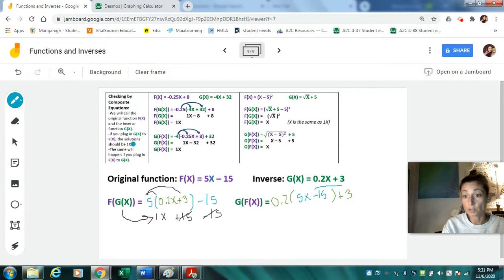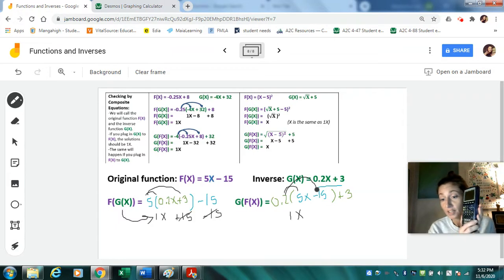I'm going to distribute that 0.2 through the parentheses. 0.2 times 5 is 1x. So there's the x there, so 1x. 0.2 times negative 15, and you can definitely use a calculator, because I know a lot of you guys would be like, what's 0.2 times negative 15? I have an old calculator.